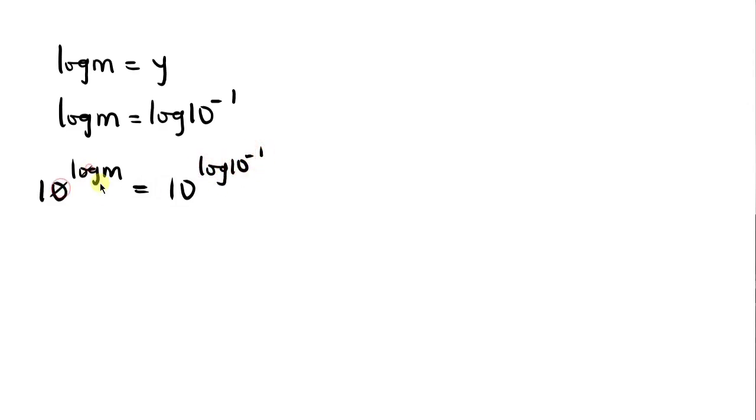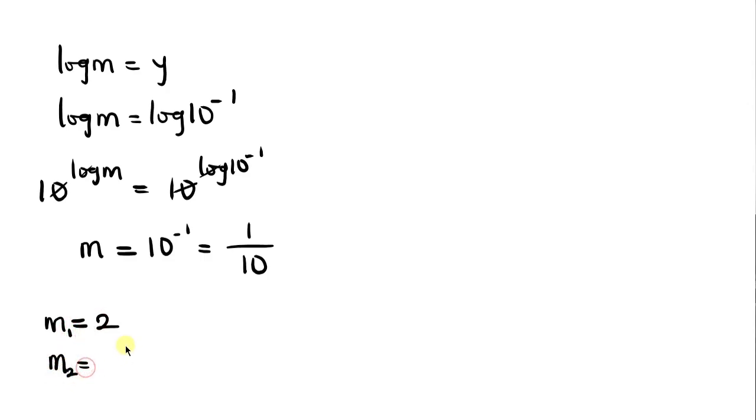So this goes off, leaving m to be equal to 10 to the negative 1, which is also written as 1 all over 10. So we've been able to get two cases. The value of m for the first case, we got it to be 2. And the value of m for the second case, we got it to be 1 all over 10.